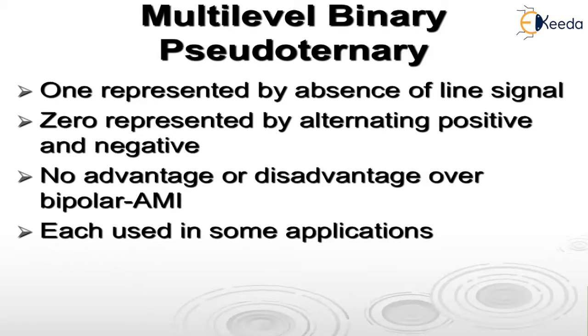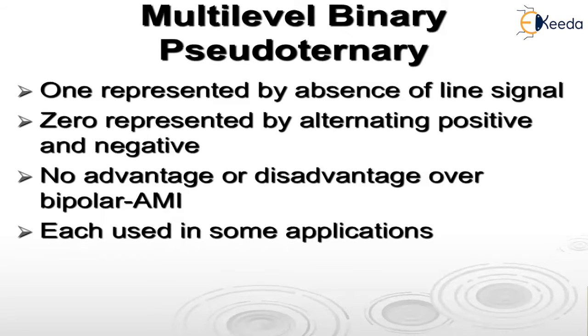In this case, binary 1 is represented by absence of the line signal and binary 0 is represented by alternating positive and negative pulses. There is no particular advantage of this scheme over the previous scheme, that is, the bipolar AMI scheme. Each scheme is the basis of some applications.